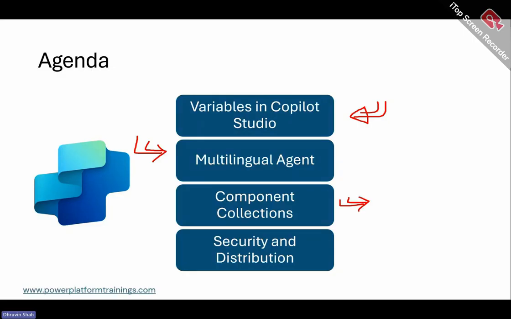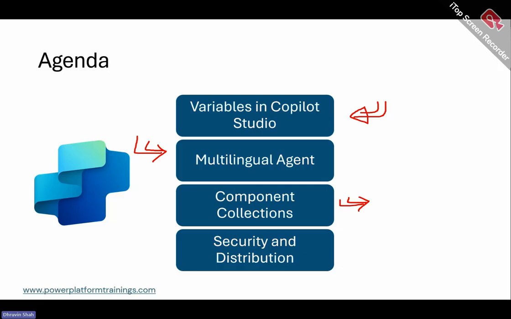This feature is still in preview at this point, and it is not providing great features yet. But there are many situations where you are building multiple agents, and certain agents can utilize the same portion, like the same knowledge source or maybe the same kind of topic. Does it mean I need to copy, paste, and recreate those things again and again in each agent I'm building? No, there should be an easier way to do that, which is component collection.